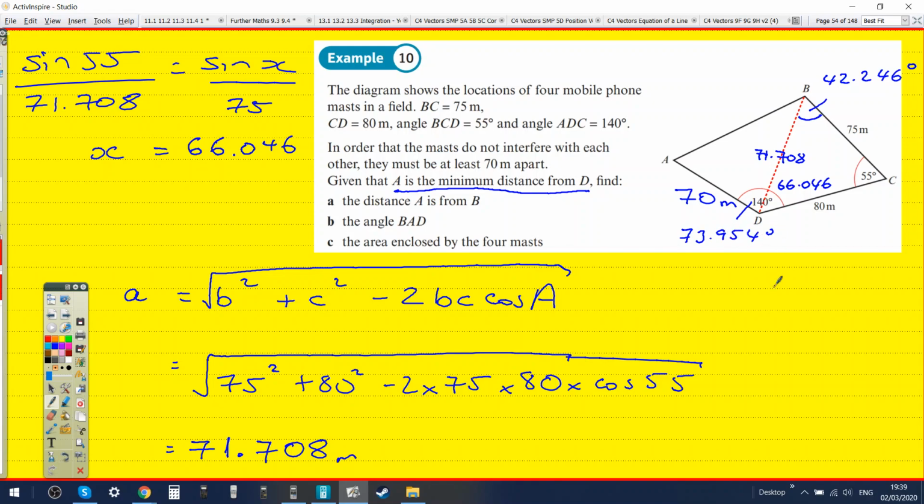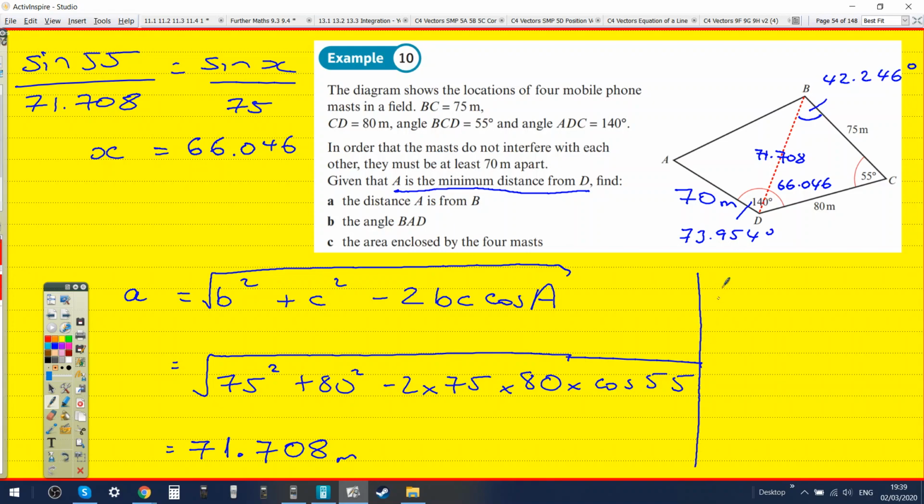Any idea how you can use that to get the length AB? Could you do sine rule? No. This is two sides and the angle between. Oh, cosine. Yeah.